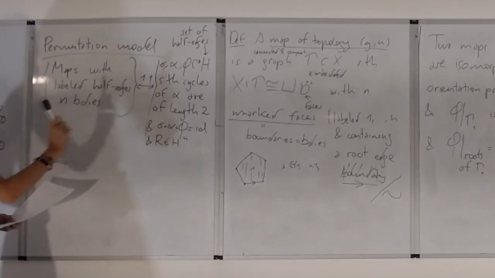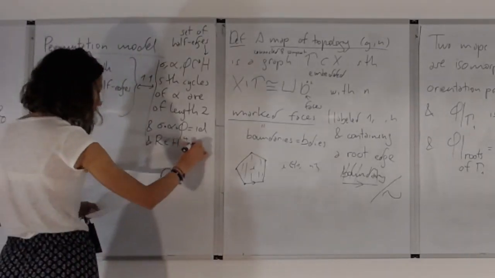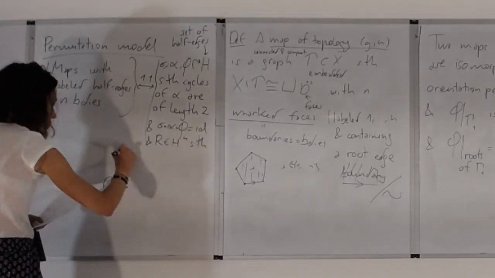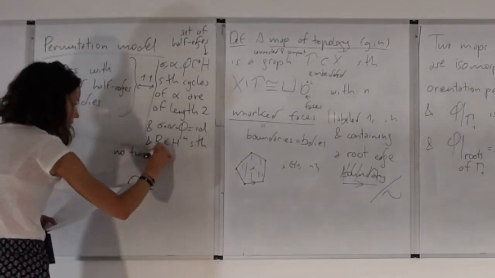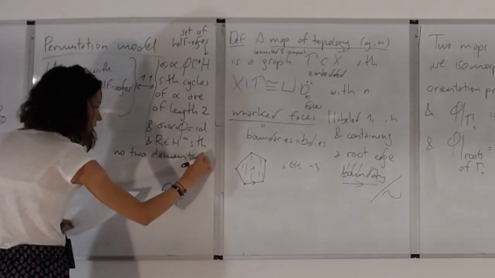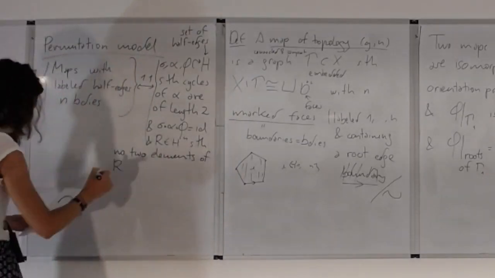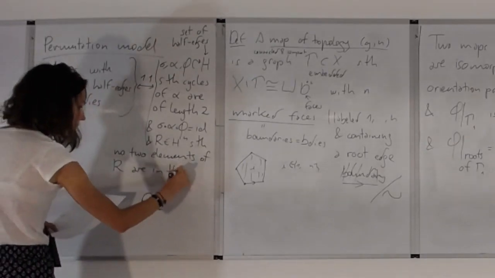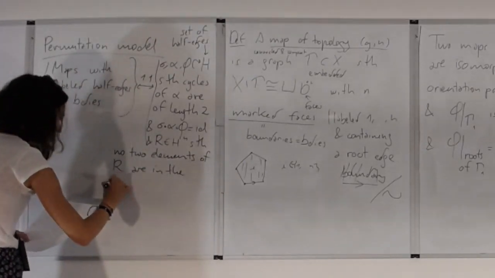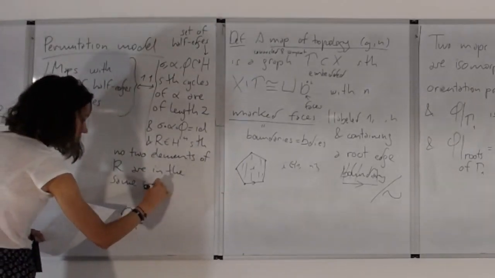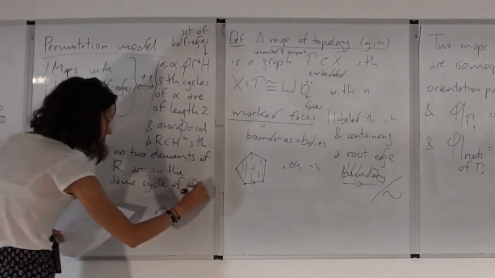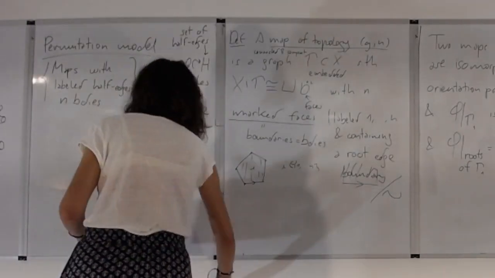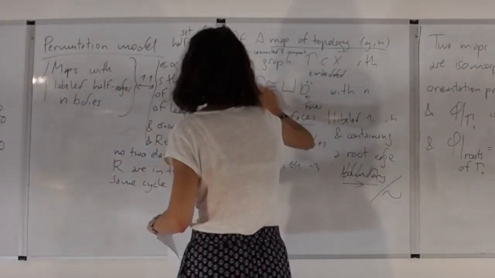So you have a tuple of half edges, R, in such a way that no two elements of R are in the same cycle of phi. Okay, this may look complicated, but it's very easy. You will see it when I explain the correspondence.